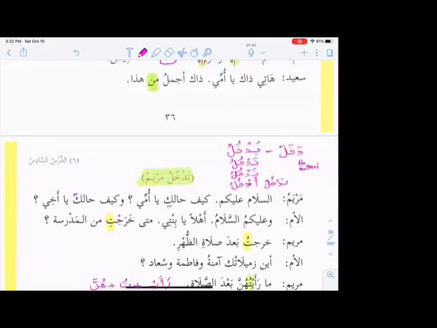So tell me one thing, my brother. Yadkhulu, he, and then Tadkhulu, she. No, I beg your pardon. I said he, and I wrote it in Arabic. I will write down he here. He and she. This means huwa and hiya.